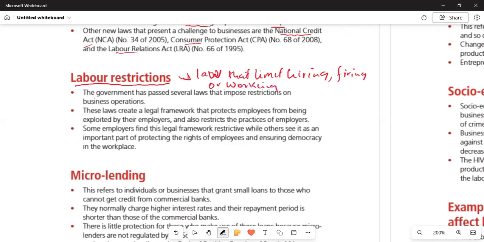For example, a law requiring a minimum wage increases business cost. So it means business is going to incur cost.